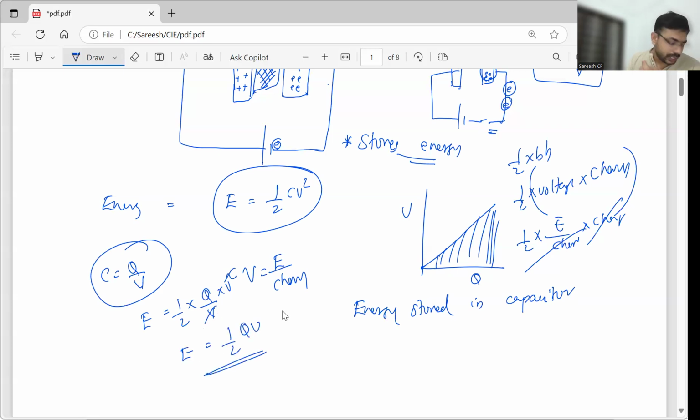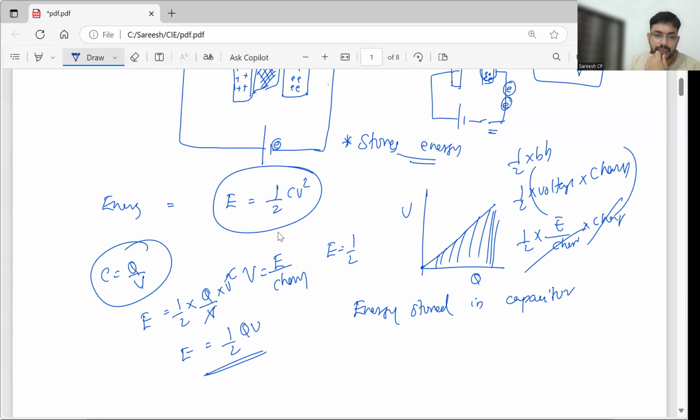This is also another equation. Starting from E is equal to half CV square, half into C is Q over V gives half QV.